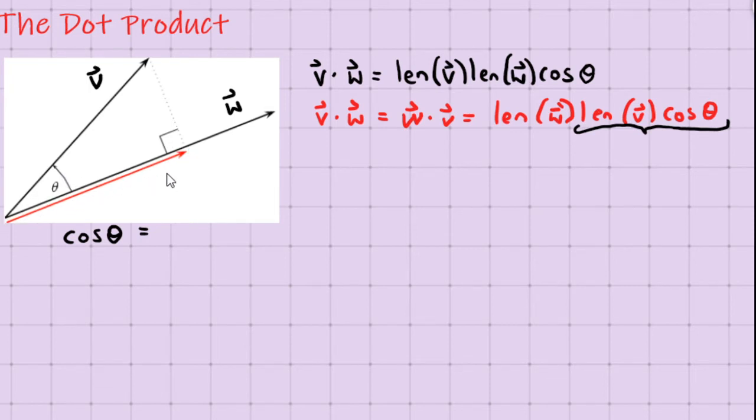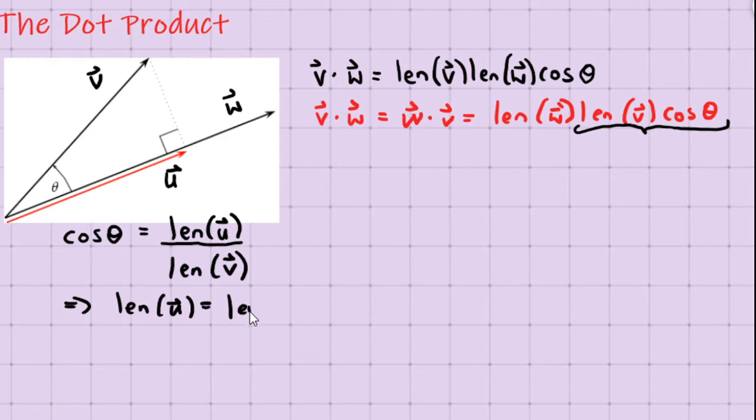So if we give this red vector a name, let's call it u, the vector u. The cosine of this angle theta is the length of u, which is the adjacent side, divided by the hypotenuse, which is the length of v. Which means that the length of u is the length of v cosine theta.